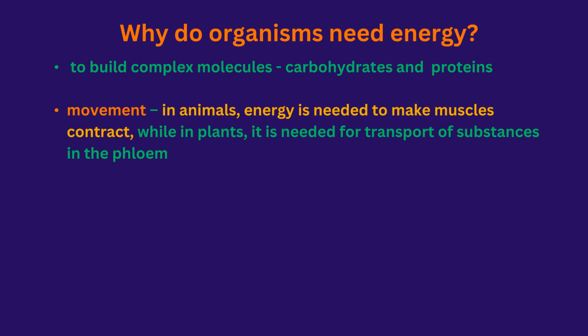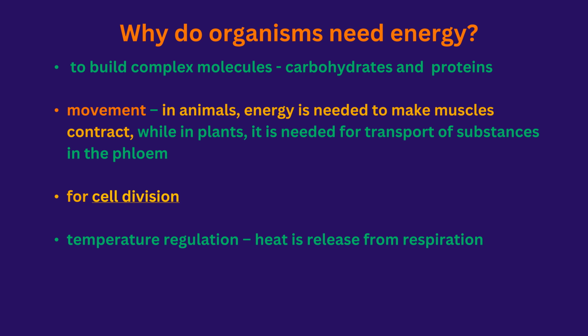For movement, in animals, energy is needed to make muscles contract, while in plants, it is needed for transport of substances in the phloem, such as dissolved sugars. It is also used for cell division, temperature regulation. Remember, heat is released from respiration, and for active transport.